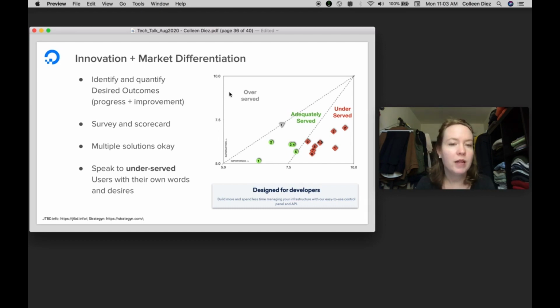I would say too, with desired outcomes, multiple solutions for one outcome are okay. There's generally not one solution for a particular outcome. But once you understand where your customers are underserved, you can speak to them with their own words and their own desires. Here's an example on the bottom right, designed for developers: build more and spend less time managing your infrastructure.